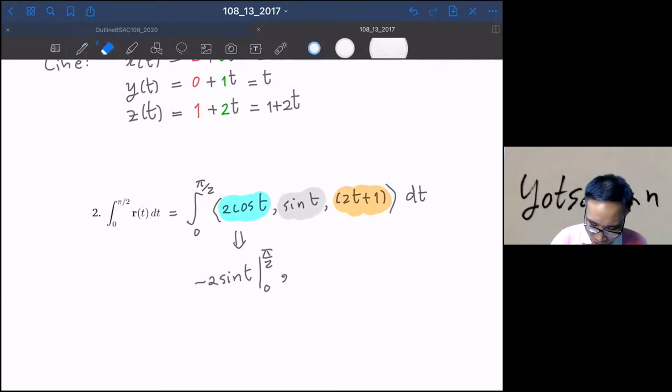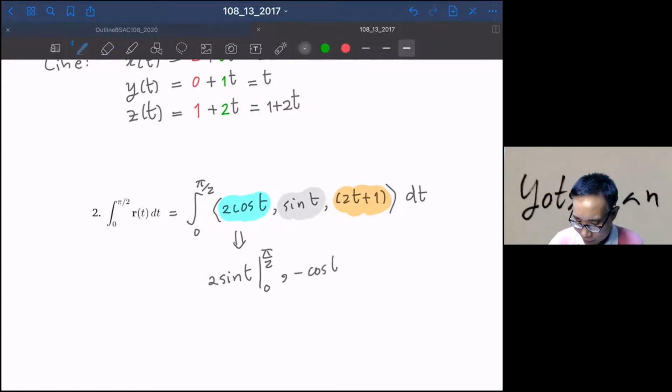Integrating cos, you get psi, not negative psi. Integrating psi, you get negative cos from 0 to pi over 2, and integrating 2t plus 1, it's going to be t squared plus t from 0 to pi over 2.